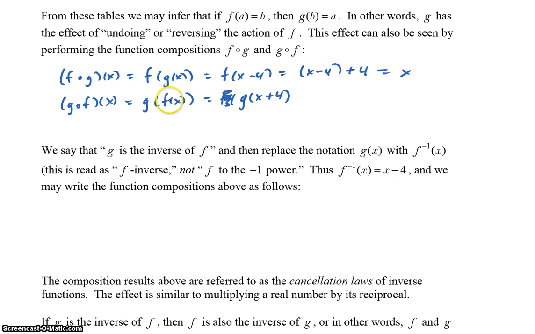We plug that into g. That would be x plus 4, and g subtracts 4. x plus 4 minus 4 is x again. So here again we see that if we start at x, that's where we end up if we do a composition of g with f.